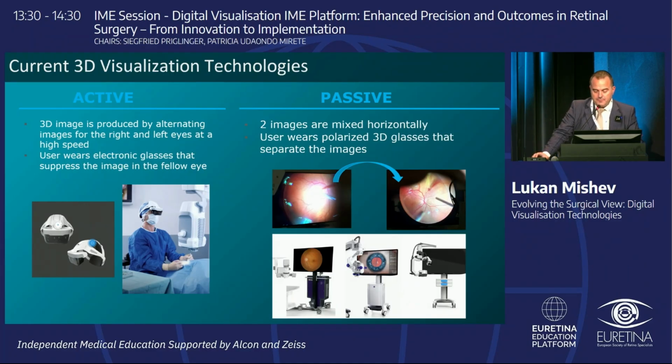Both systems have advantages and drawbacks. For example, the active systems can, in theory, provide more light and contrast, but the passive systems can create a more natural image. Also, in the active systems, there might be visual fatigue for certain users, so have that in mind.